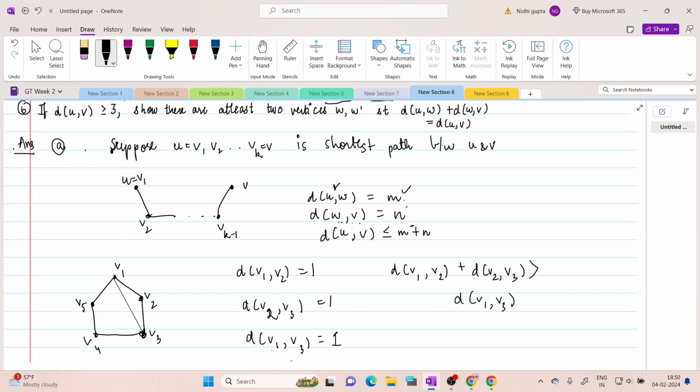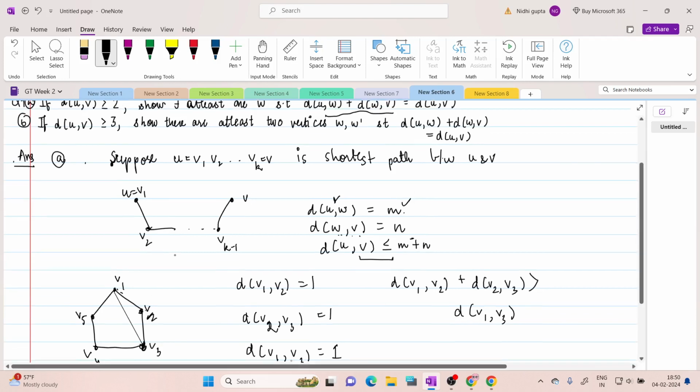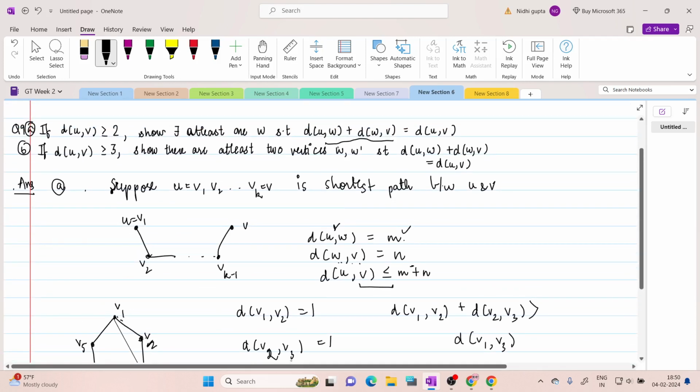So we get a path of length m plus n, but that path need not be the shortest. In this case we get a path between V1 and V3 via V2, but it is not the shortest path. Now do you understand why we need this question?